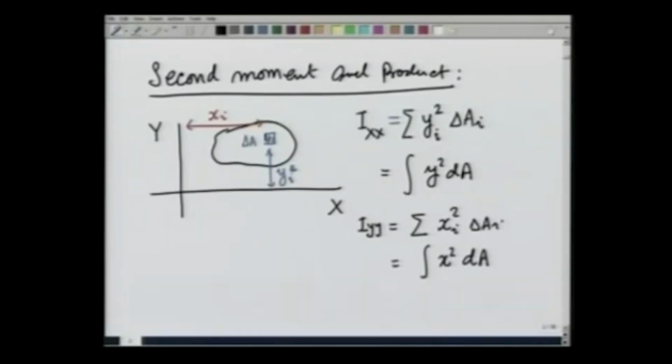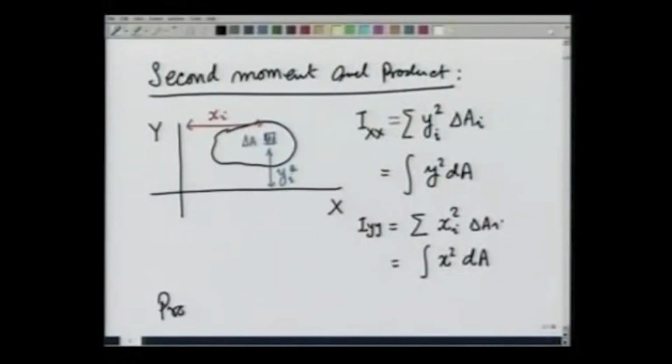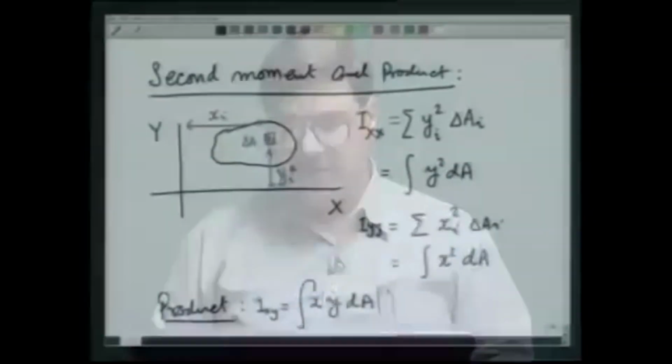These are just mathematical definitions. And then the product of this area is defined as the integral of x y dA, and I am going to call this Ixy. So we have defined the second moment of a plane area and product of a plane area.